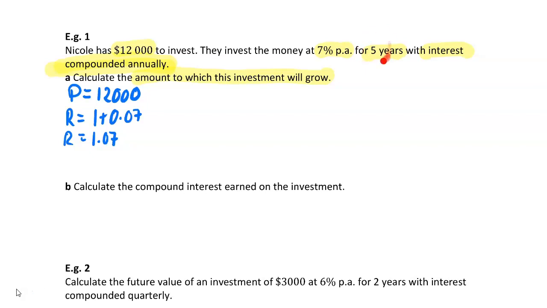And we've got 5 compounding periods. We're going to calculate that interest 5 times. So A equals 12,000 times by 1.07 raised to the 5. So you get your calculator.